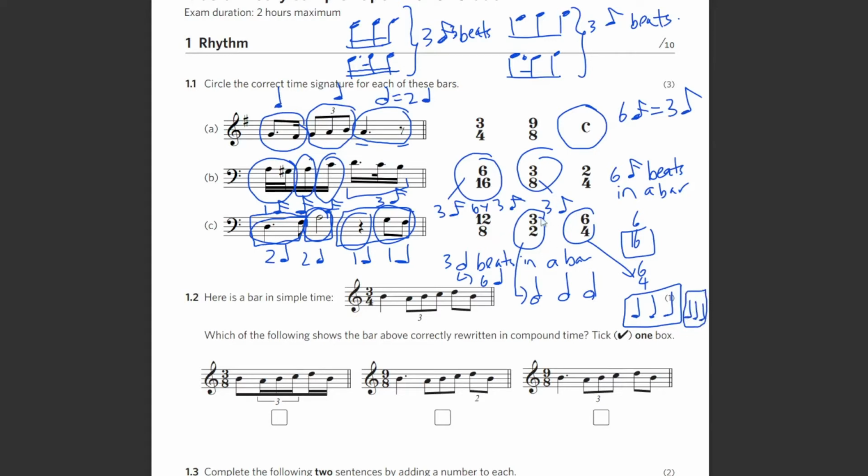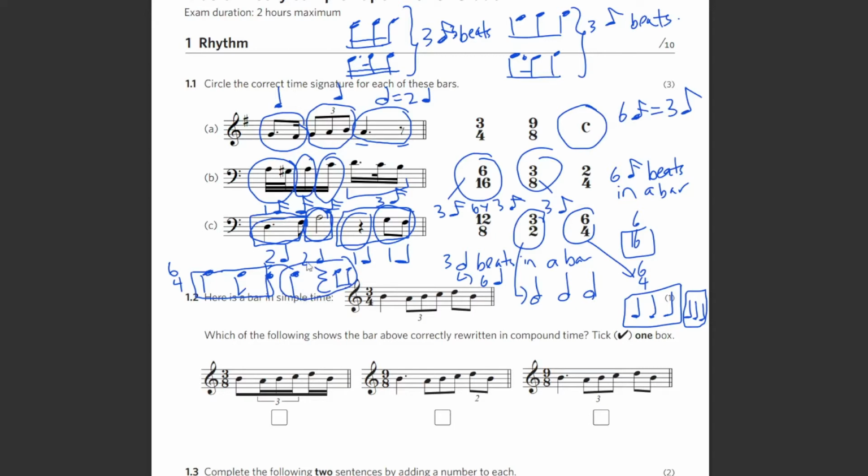If it is 6/4 time, let me draw this out, this is already 2 crotchet beats. So this note here, you would need to write as a tied note so that this 3 can be in one group and the rest of the 3 crotchet beats are in another group.